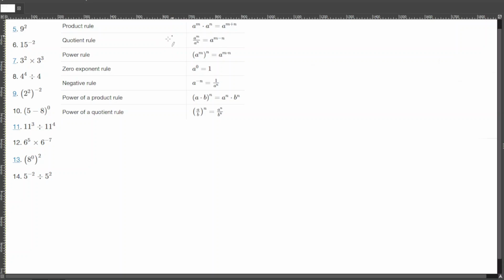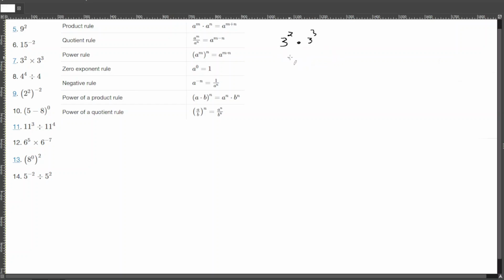So, I have all my different rules here. Okay, there's the product rule. A to the m times a to the n is equal to a to the m plus n. And this idea really does come from, let's say 3 squared, times 3 to the 3.